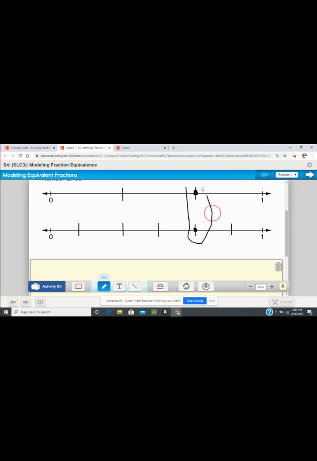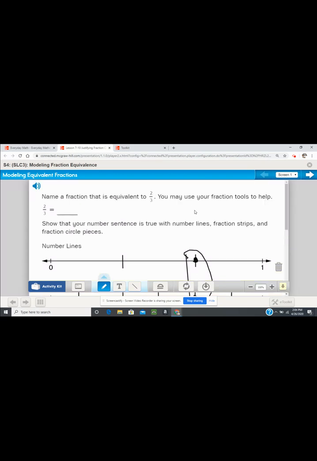Notice that these two here are equal, and I could go back and find what sixth it is. 0/6, 1/6, 2/6, 3/6, 4/6. So we could say 4/6 is equal to 2/3.